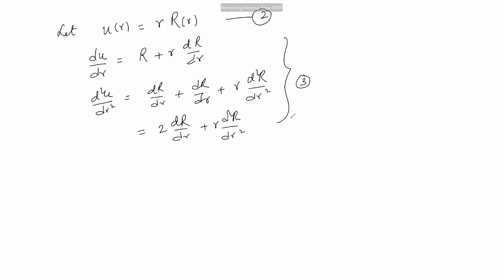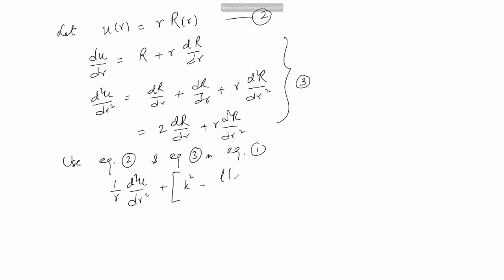Now we use equation 2 and equation 3 in equation 1. This would give us 1/r d²u/dr² plus [k² minus l(l+1)/r²] u(r)/r equals 0. This u is a function of r.